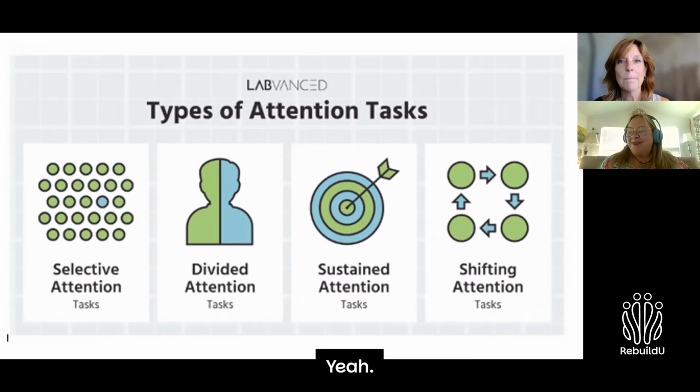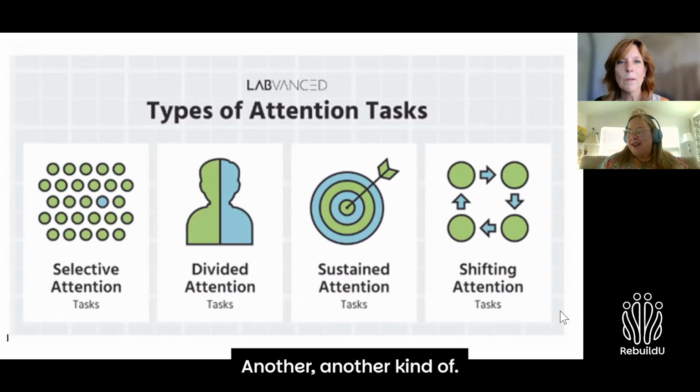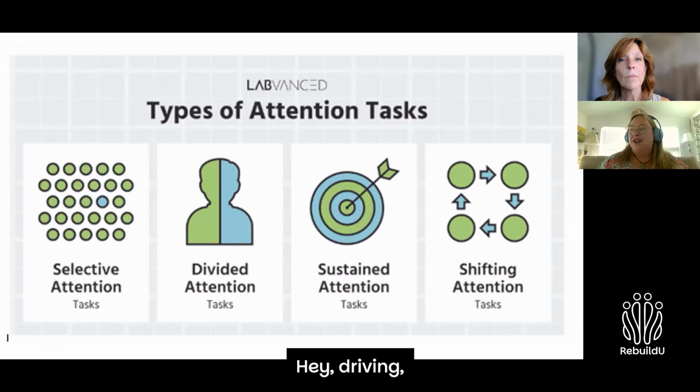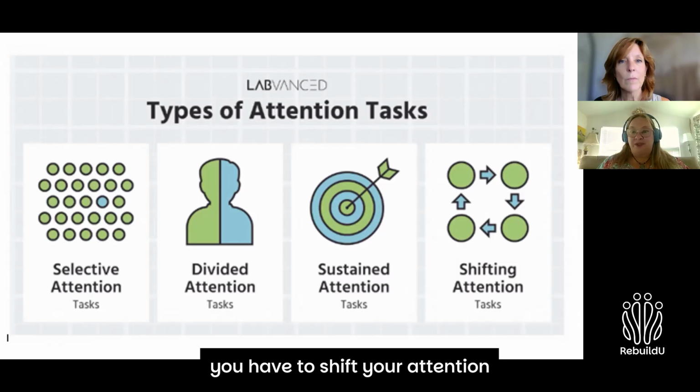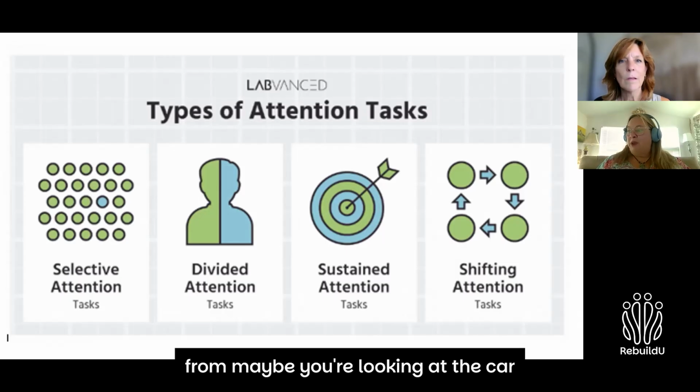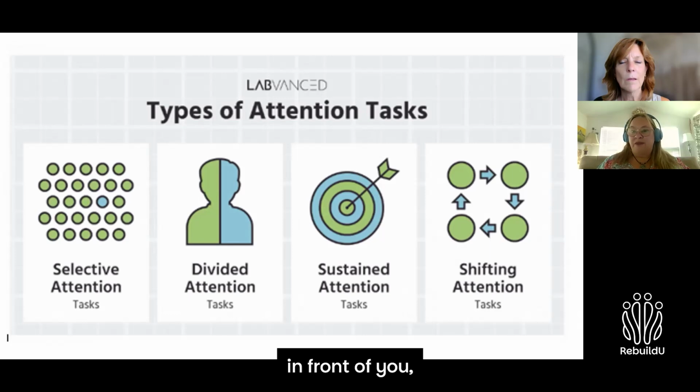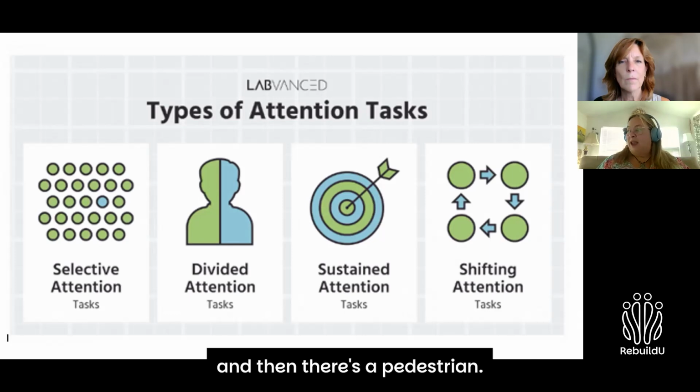Let's talk a little bit more about shifting your attention in terms of driving. Driving, you have to shift your attention from, maybe you're looking at the car in front of you and then there's a pedestrian.